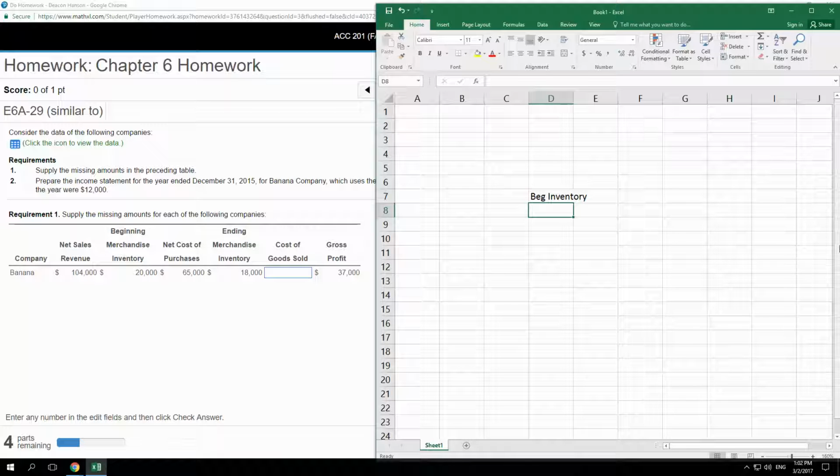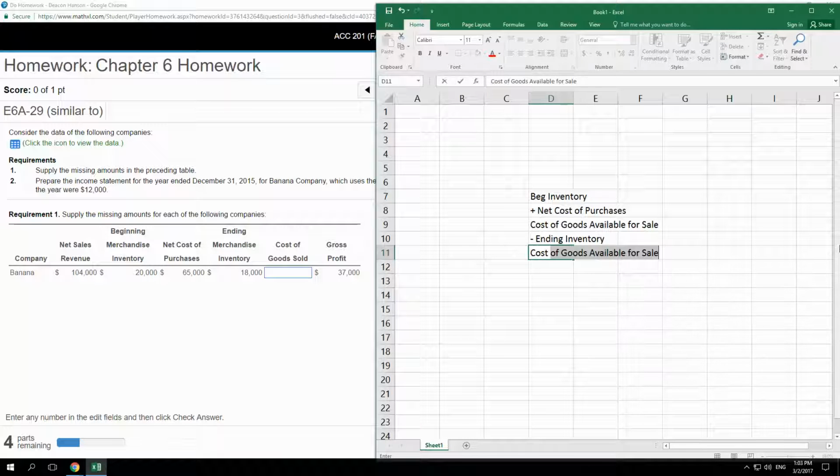What they're calling the net cost of purchases. Then you're going to have a subtotal, which a lot of times we call cost of goods available for sale. Then you subtract the ending inventory, and that gives you your cost of goods sold. So you kind of have a skeleton here of what we're trying to do.